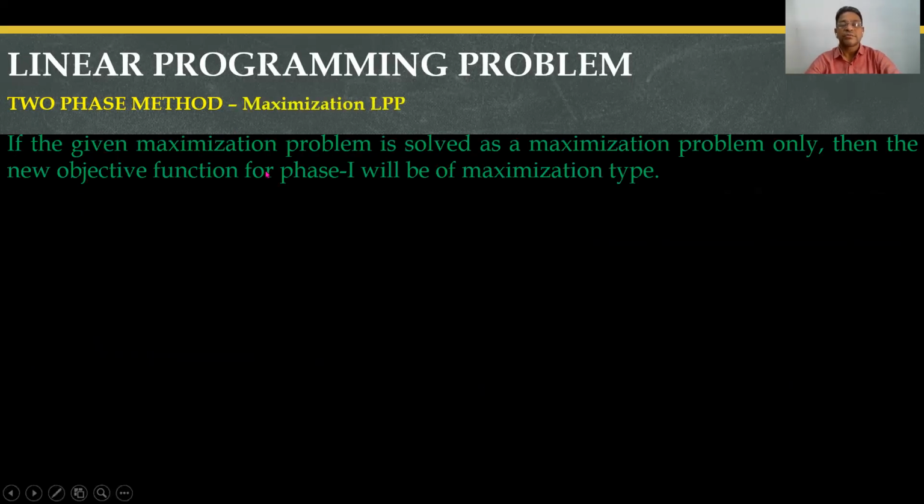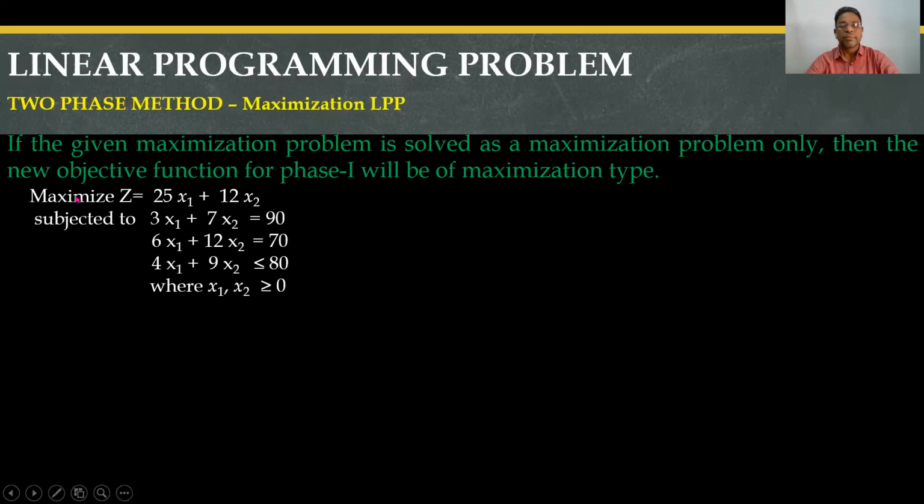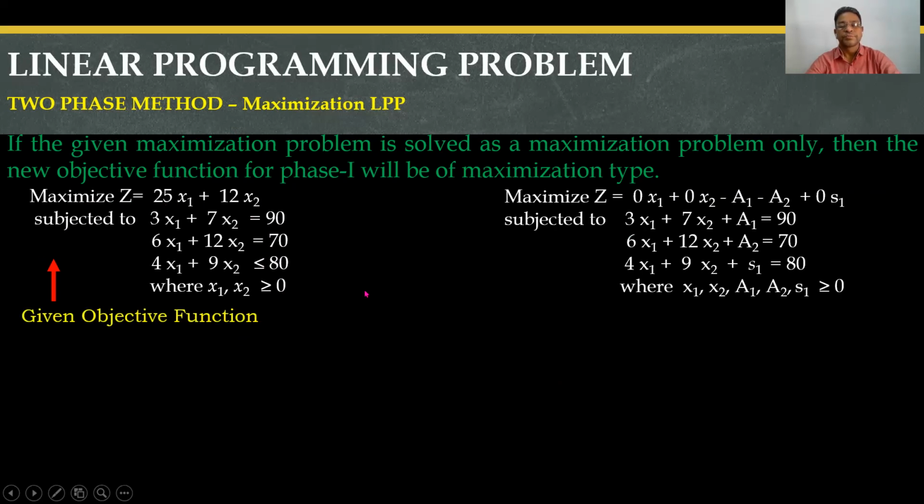Now, let us see what happens if a given maximization problem is solved as a maximization problem. So this is a maximization problem. We need artificial variables in the first and second constraints and a slack variable in the third constraint. Its objective function is given as z equals 25x1 plus 12x2.